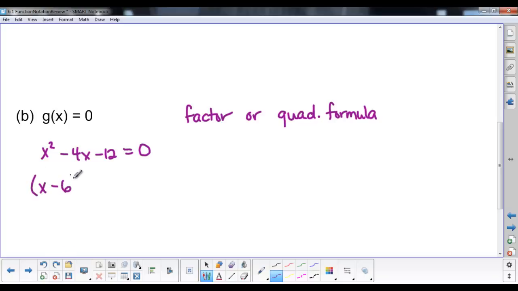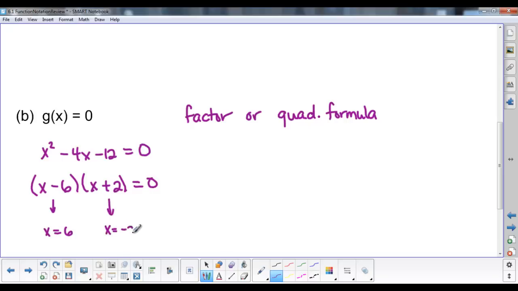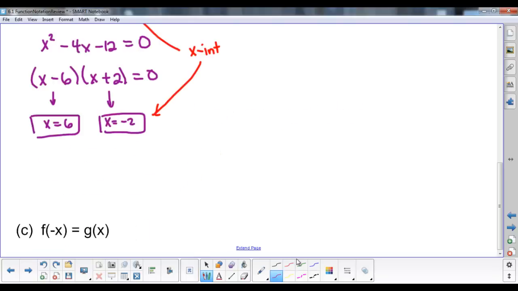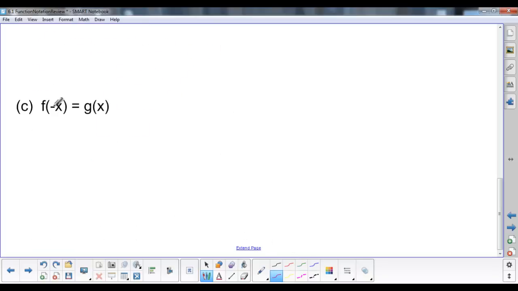Those two numbers would be negative 6 and positive 2. And so we have two possible answers. x could be equal to 6 or x could be equal to negative 2. So when your y value is 0, or when your function is set to 0, you've just found your x-intercepts.